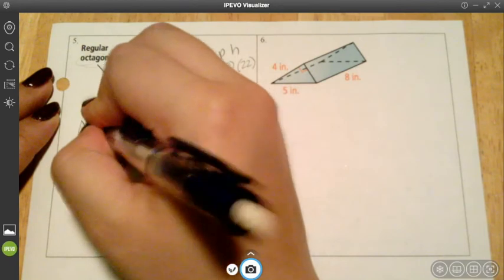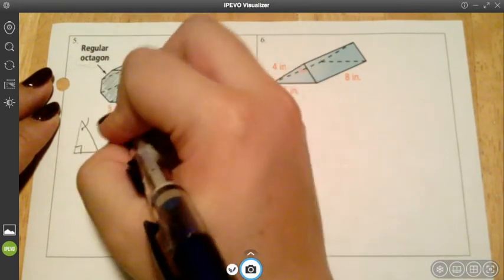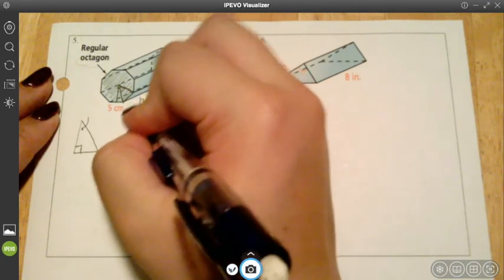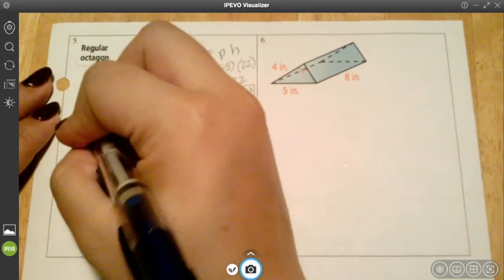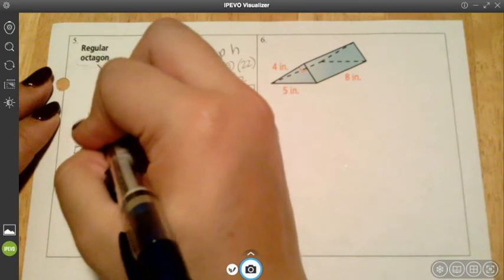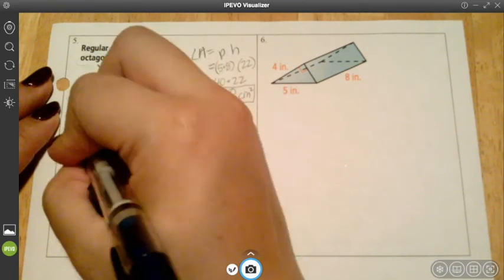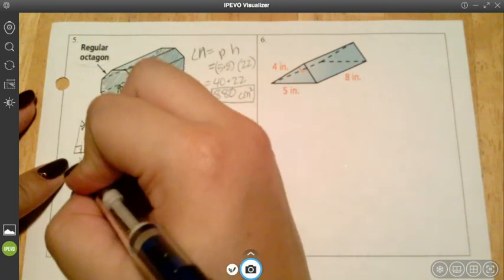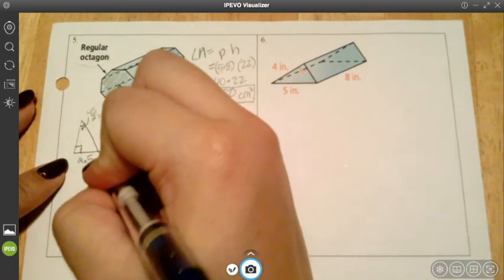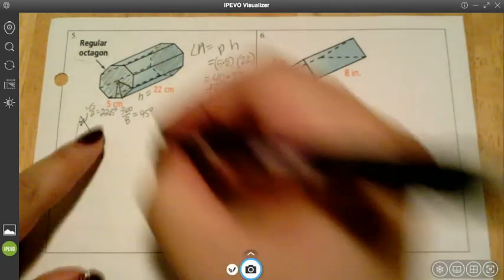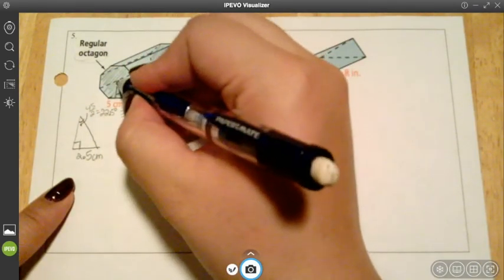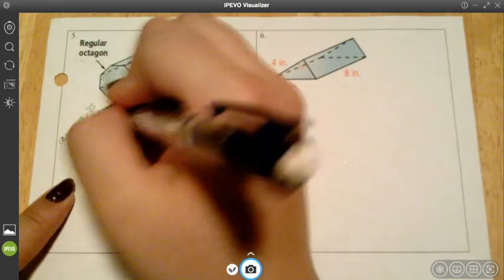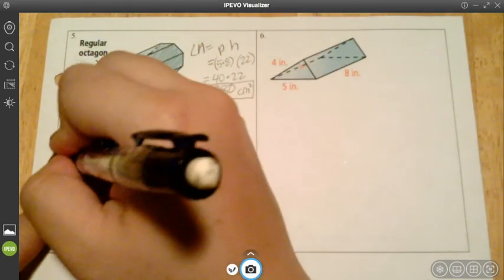This is 360 divided by 8, which is 45 degrees, and then divide that by 2, which is 22.5 degrees. And then we know our side length was 5, so this is half of that, is 2.5 centimeters. Half because, remember, I make a central angle and then I cut it in half by the apothem. So this is my apothem, this is my radius, this is half of the side.